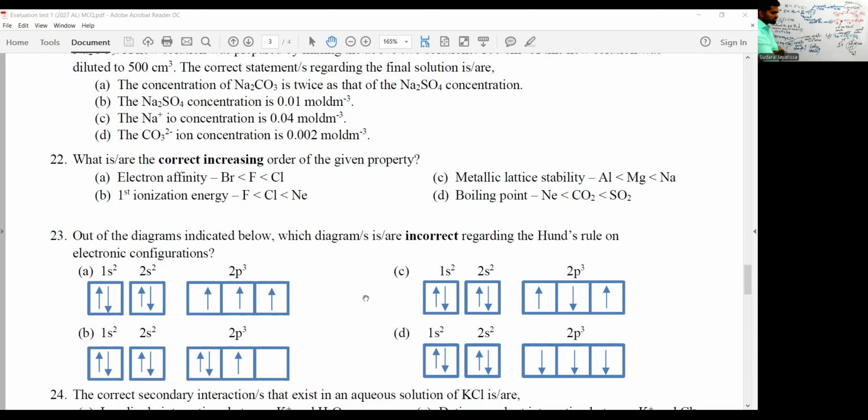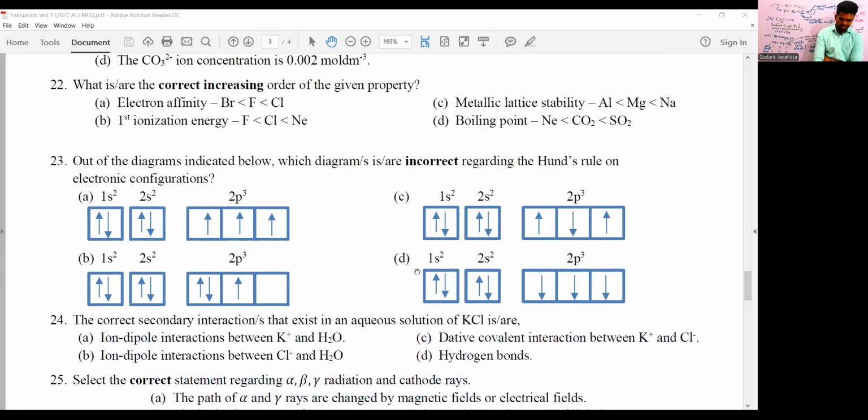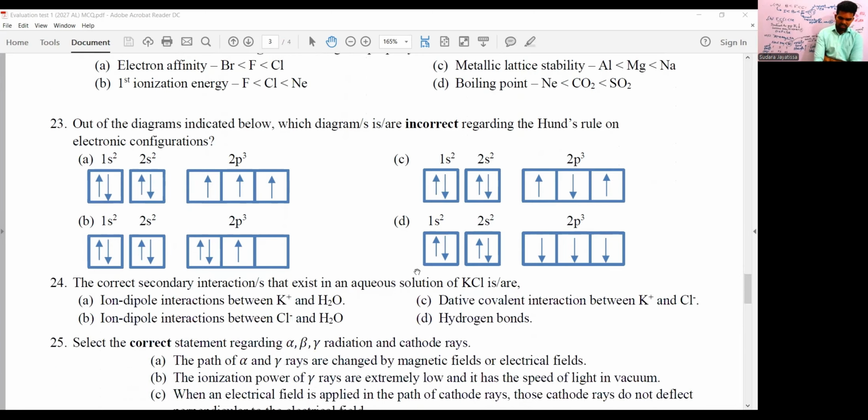Right, now let's go to the next question, 23. Out of the diagrams indicated below, which diagram is incorrect regarding Hund's rule? According to Hund's rule, electrons are filled into orbitals with the same energy in a way that their spin is in the same direction.